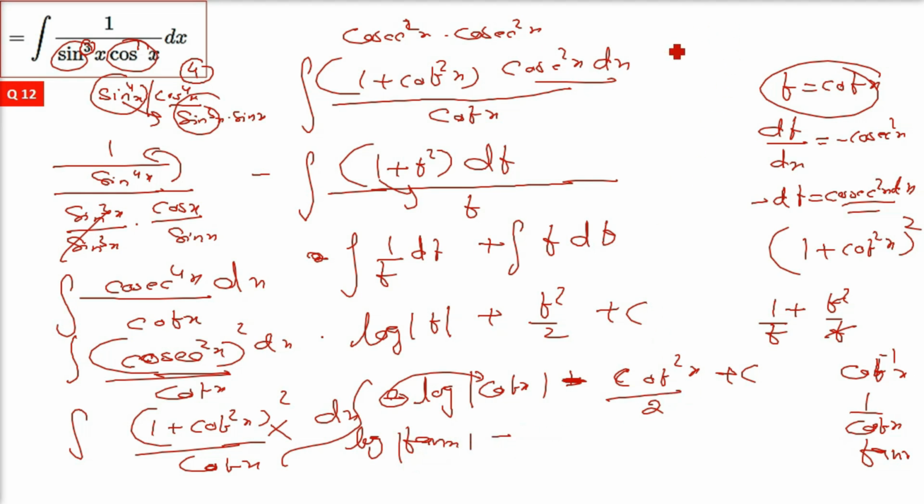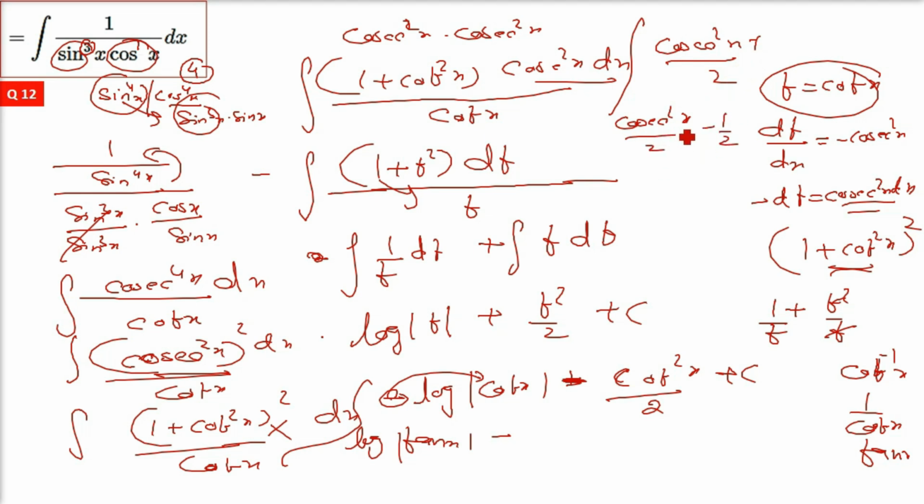Cot square x can be written as cos square x by sin square x. Or you can write it in the cosec square x terms. Don't shy from doing that, because the constant term will be combined with the constant of integration. So this cot square x can be written as cosec square x minus 1, and 2 is in the denominator. So cosec square x minus 1 by 2 will be cosec square x by 2 minus 1 by 2.